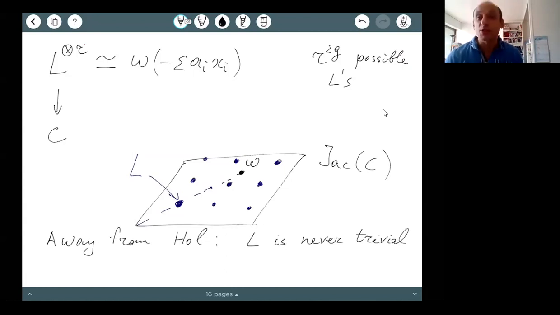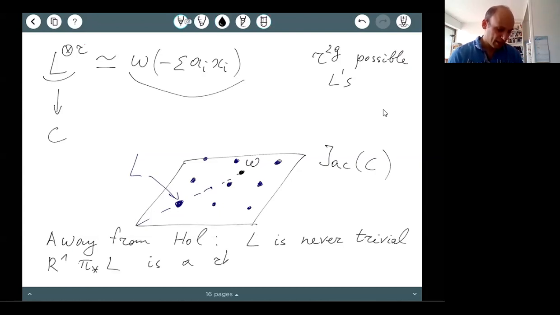So L is a degree 0 line bundle here. If it is trivial, then when I raise it to the power R, this one is also trivial, and that means I'm in the holomorphic locus. So away from the holomorphic locus, L is never trivial. And again, I can use the same reasoning to say that R1 pi star L is a rank G-1 vector bundle.